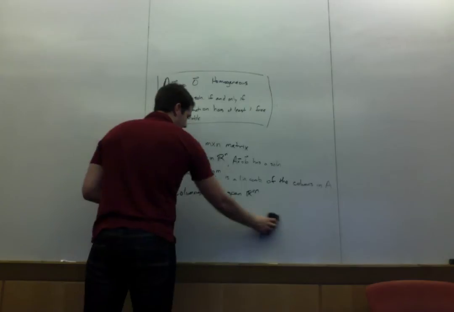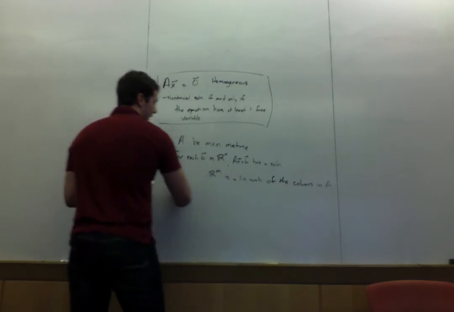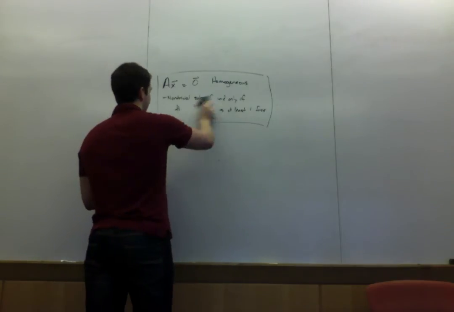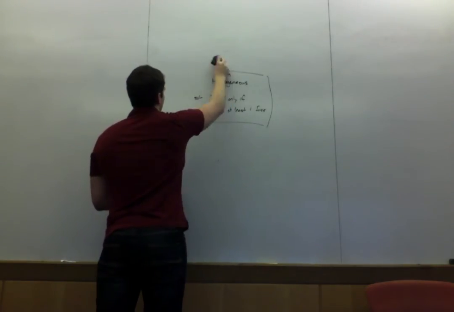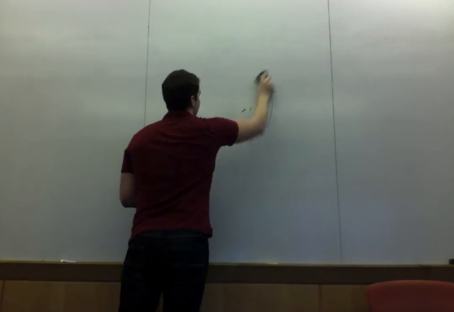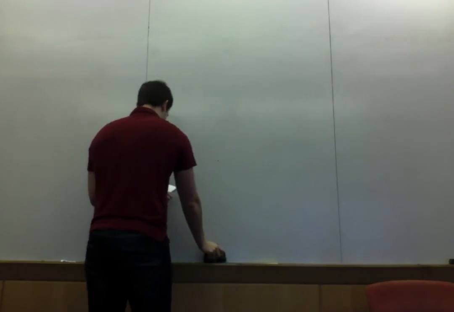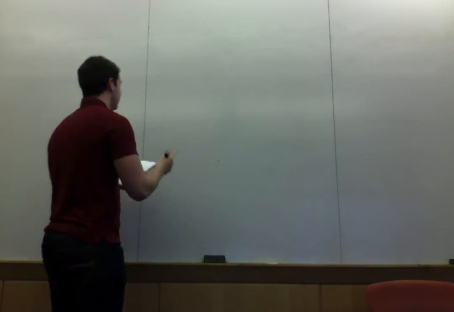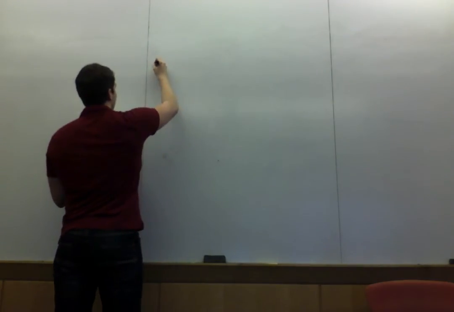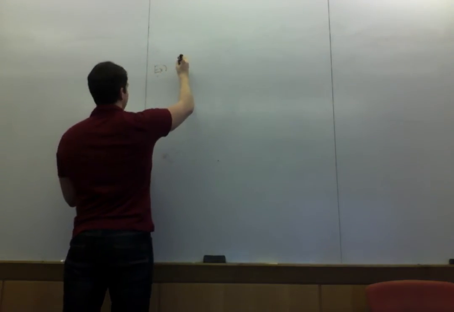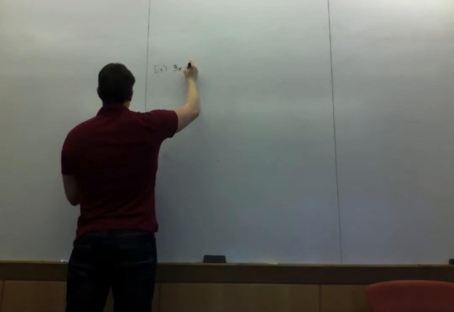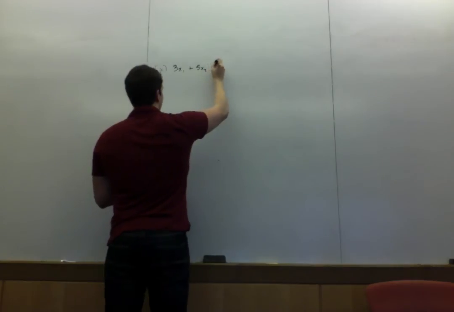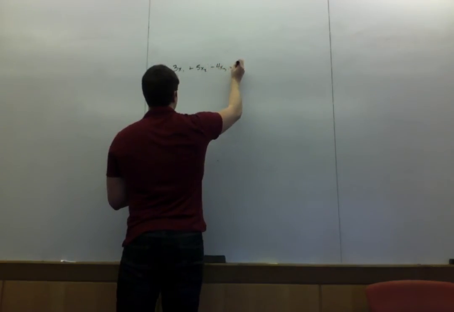So, the last example I want to do today is an exercise of taking a system of linear equations, translating it to a matrix, and then determining a solution. So, for example, 3x1 plus 5x2 minus 4x3 equals 0.